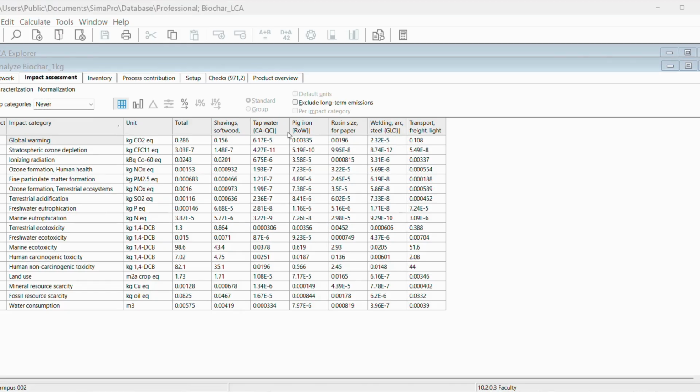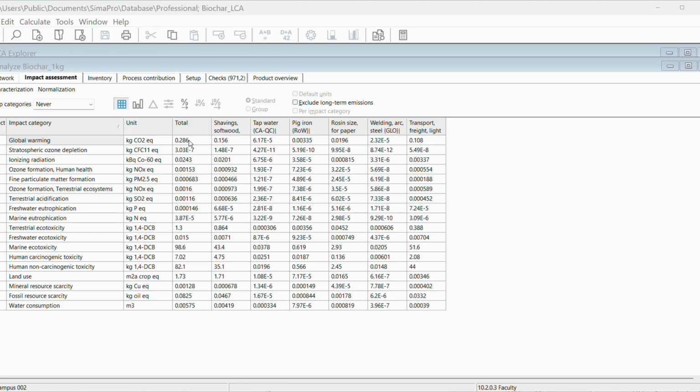At the start of the video, I had mentioned that biochar is considered a net negative emission technology. It means it can mitigate much more carbon than it produces during its manufacturing. As you can see here, around 0.286 kg carbon dioxide equivalent is emitted during production of 1 kg of biochar.